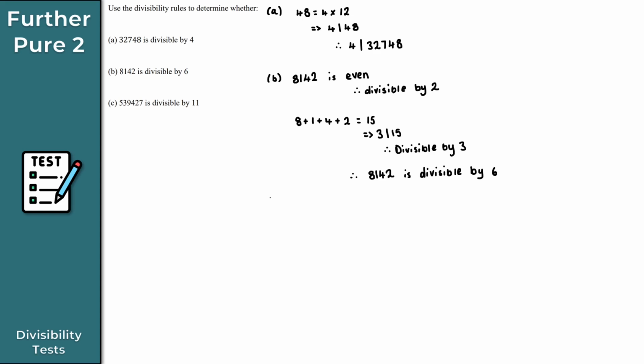And then finally here we have part C. So for part C, then we're checking whether this number here is divisible by 11.